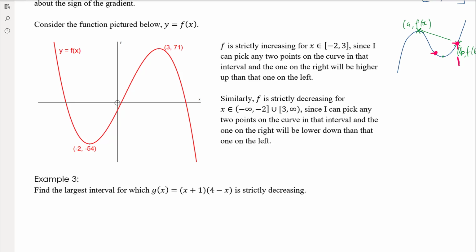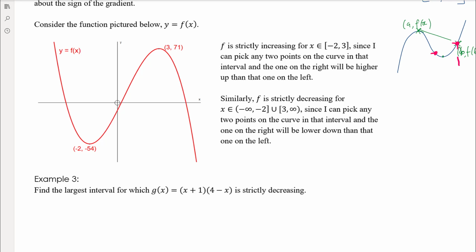So this particular function here, f is strictly increasing for x is an element of -2 to 3, including both of those points. And that's because I can pick any 2 points within this interval, and the one on the left will always be lower down than the one on the right, even if I choose 3 as one of my points or -2 as one of my points.